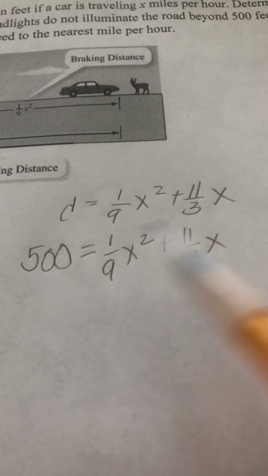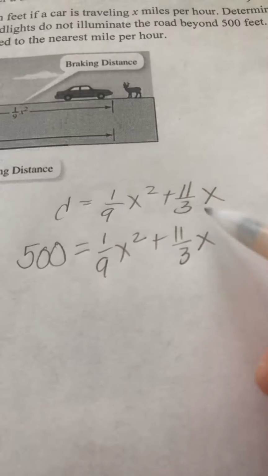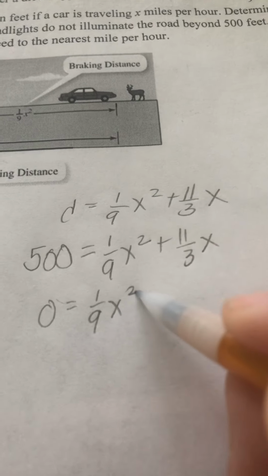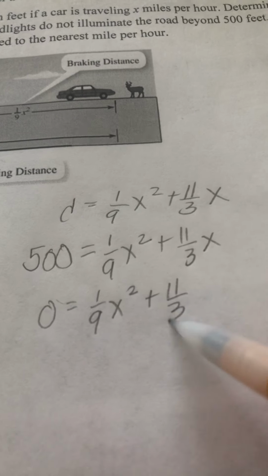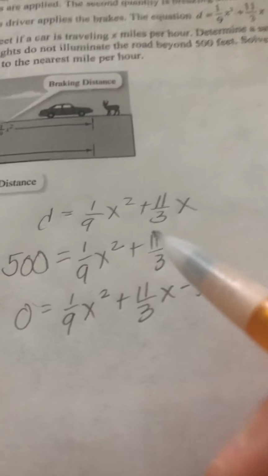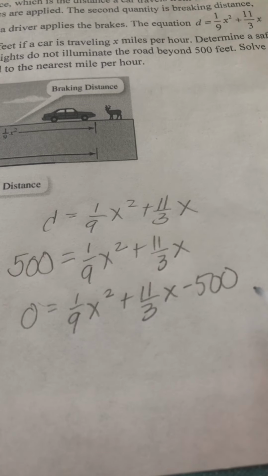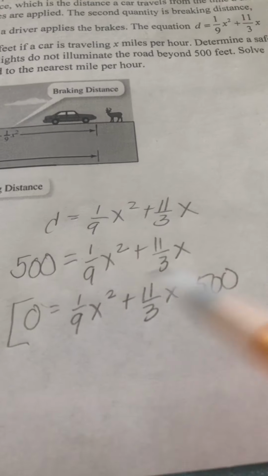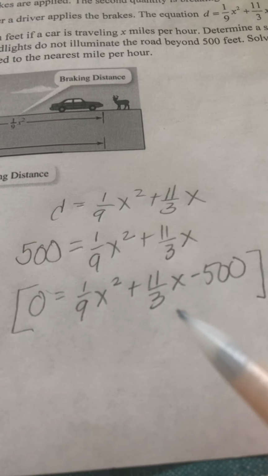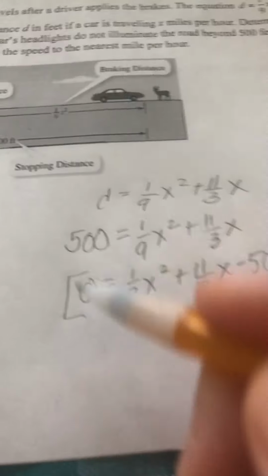Okay, so this is a bit of a more complex problem. The first thing you're going to do is get one side equals 0. So you'll move the 500 over. So you do not want to work with all of these nasty fractions in here. So what you will do is multiply every single thing by 9 to get rid of them. I'm getting 9 because it's the least common multiple of 3 and 9.